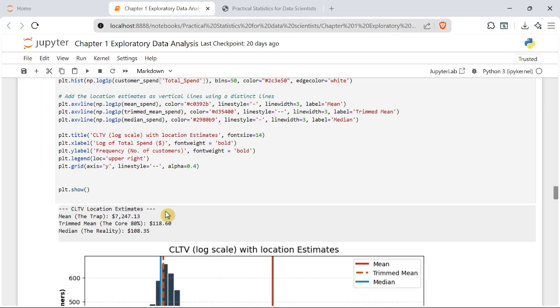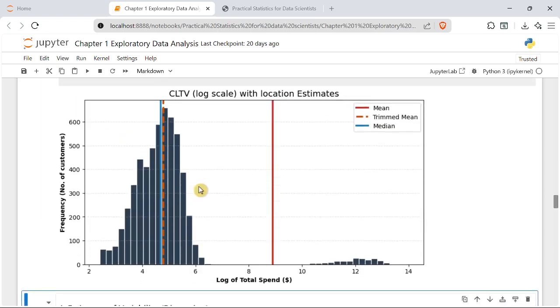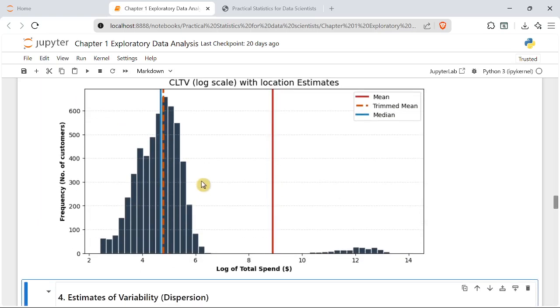The mean is heavily distorted by a distribution trap. A small handful of wholesale B2B buyers making massive $10,000 purchases are dragging the math average sky high.